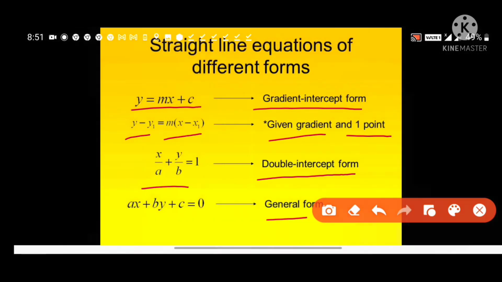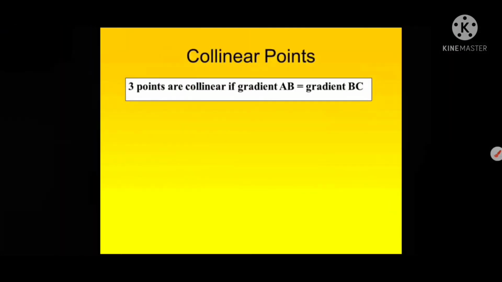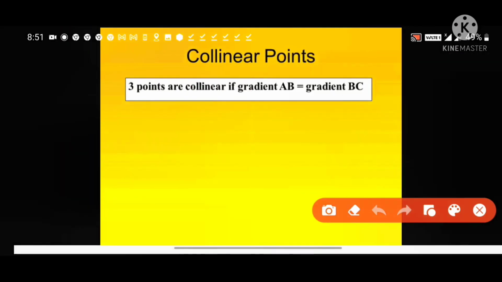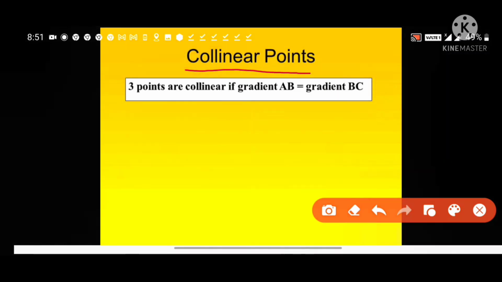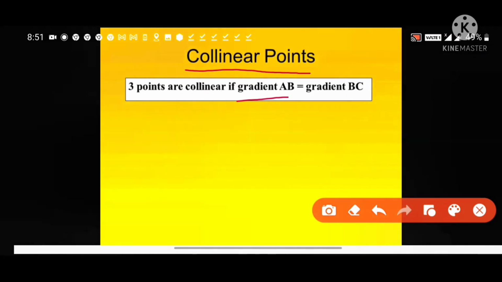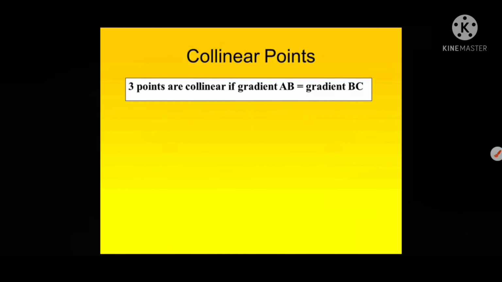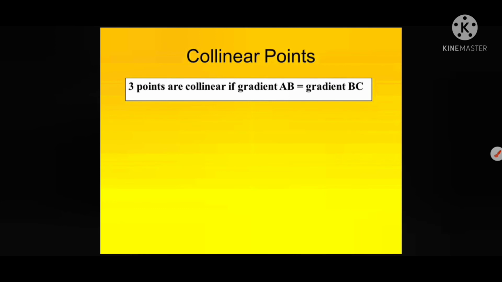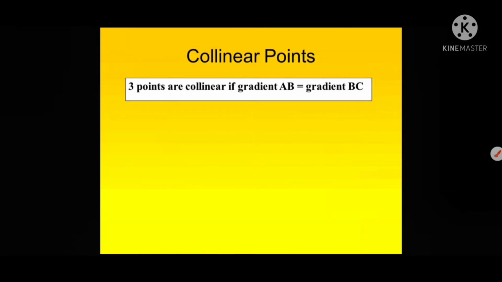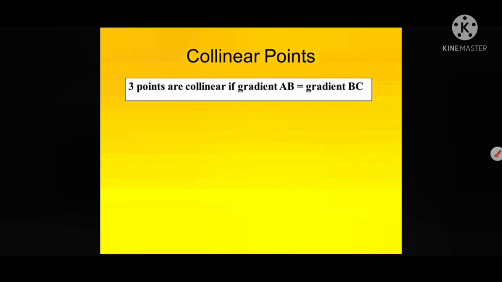This is the general form, ax plus by plus c is equal to 0. To prove that given points are collinear, the gradient of AB is equal to the gradient of BC. If the slope of line AB is equal to the slope of BC, then A, B and C are collinear points, that is, these 3 points lie on the same straight line.